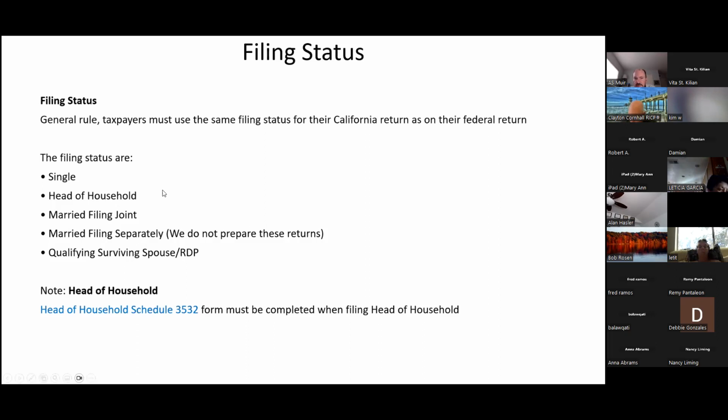And typically for head of household, generally what you're going to see is individuals who have a minor child at home. The parent has a home or an apartment, and typically they're paying the rent or the mortgage. That's usually what you see for head of household.